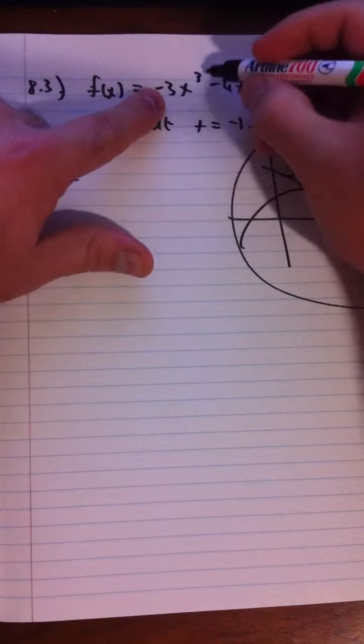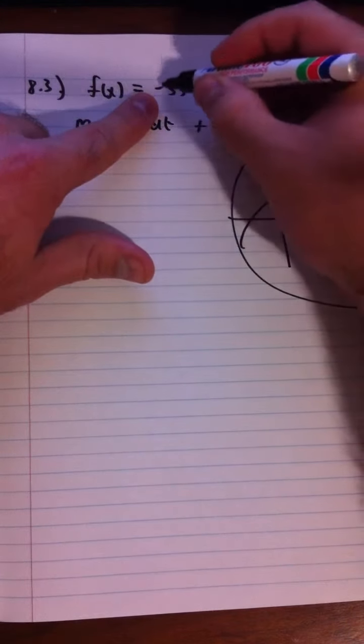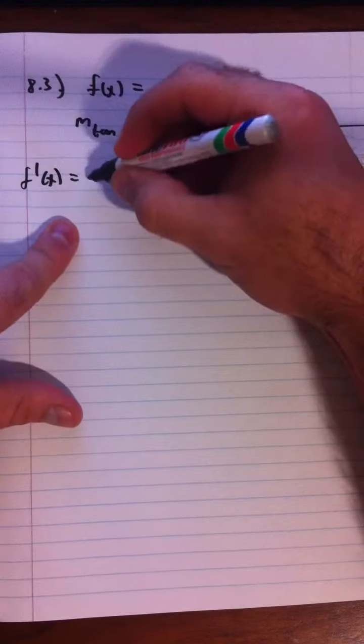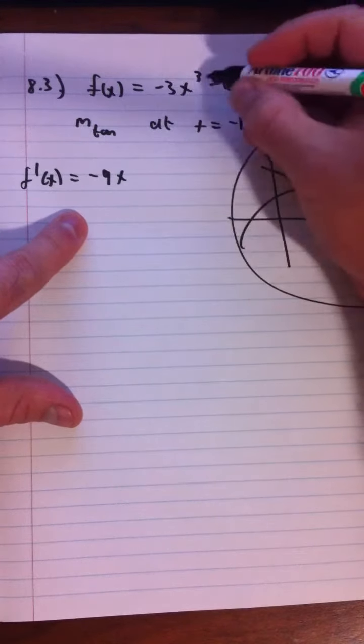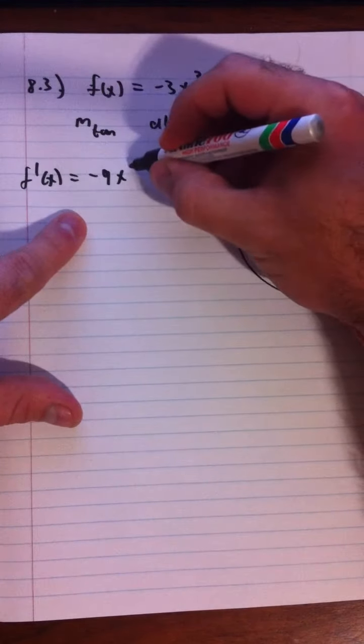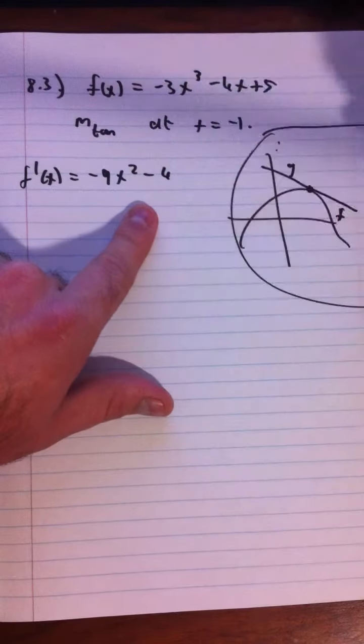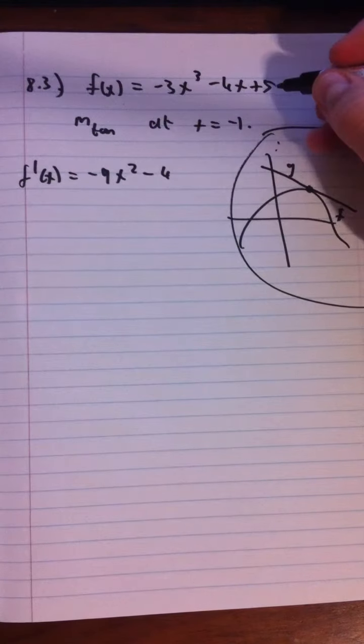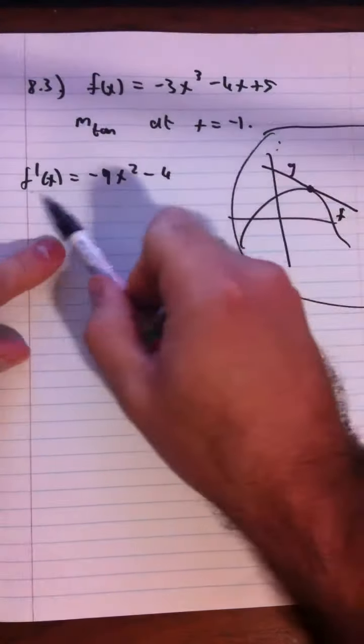So negative 3x cubed becomes negative 3 times 3, that's negative 9x, and 3 minus 1 is 2. Minus 4x, so it's just minus 4. Plus 5 becomes 0. So this is the gradient of your function, and we want to know what it is at x equals negative 1.